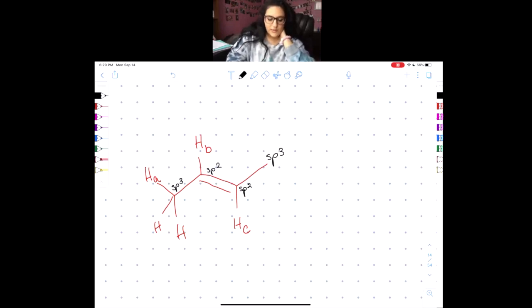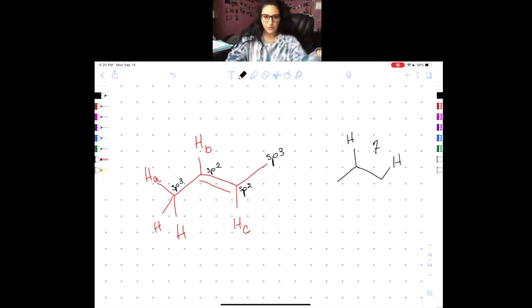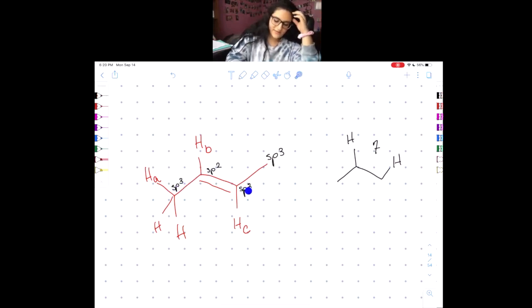When we just now talked about the J values, we said that regular old vicinal coupling like this had a J value of 7. That was normal splitting. But when you have two different hybridizations, that is not going to be standard splitting. That's going to be different.